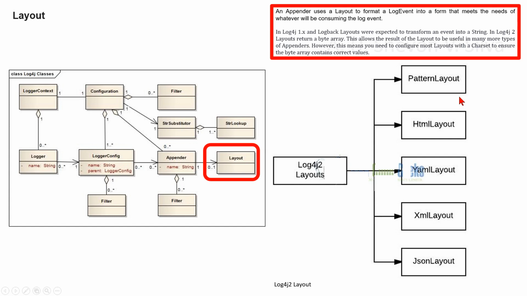Class PatternLayout, a flexible layout configurable with a pattern string. Class HTMLLayout, outputs events as rows in an HTML table on an HTML page.